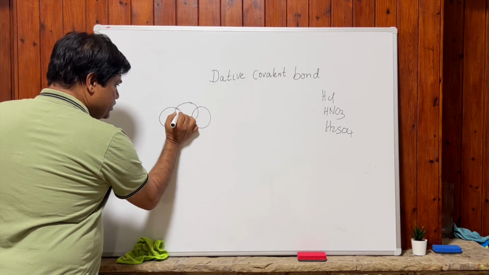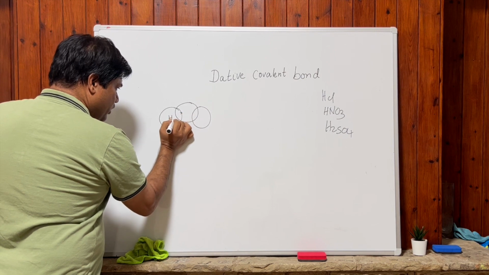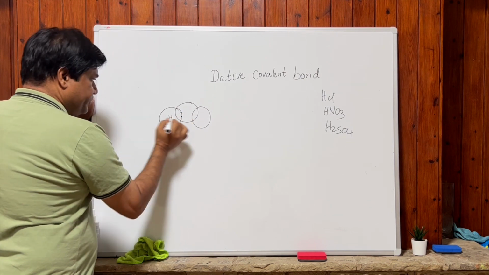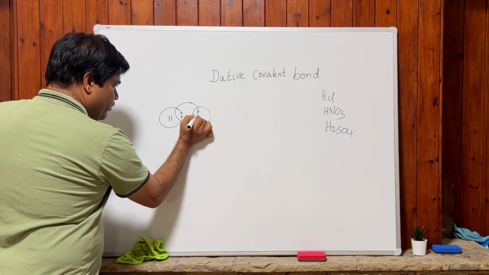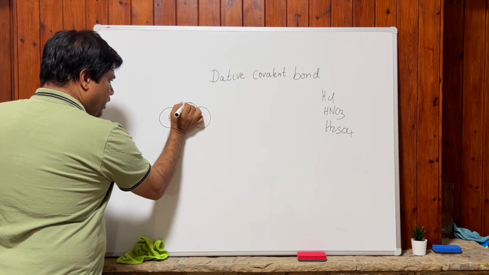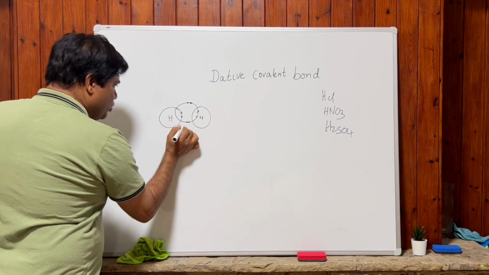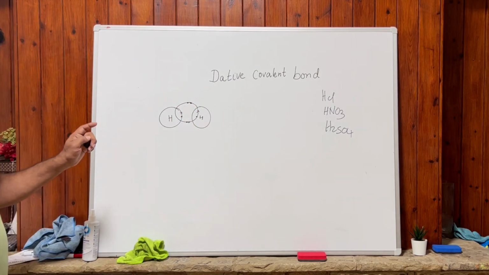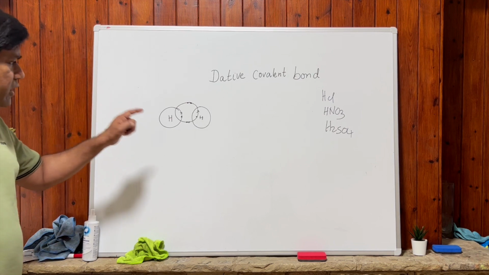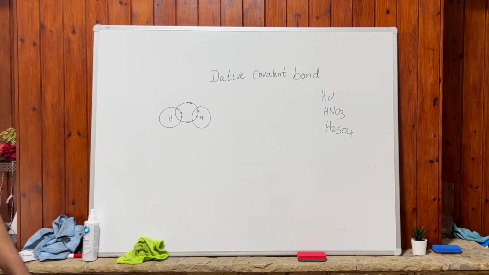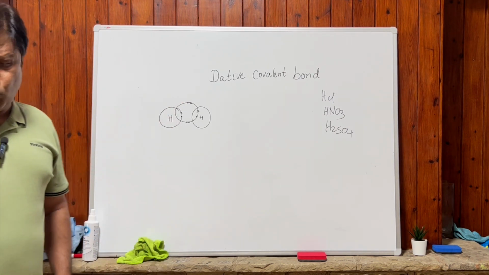So oxygen has a total of 6 electrons, 1 shared with each hydrogen, and it is left with 2 lone pairs. That lone pair takes part in making a dative bond. Not both lone pairs, just one lone pair, guys.